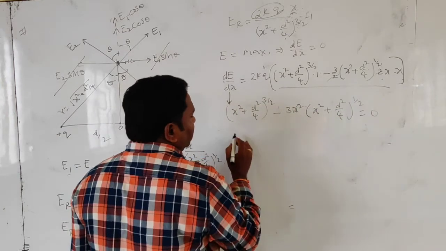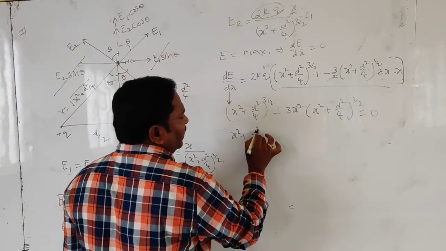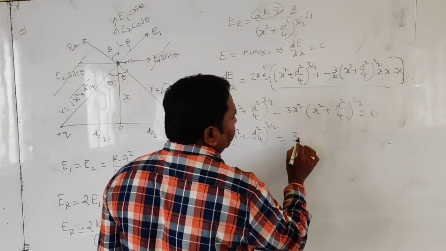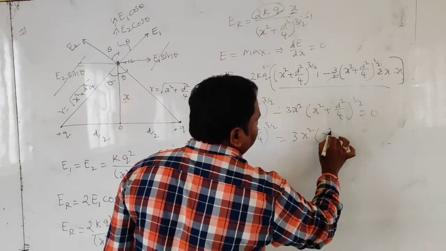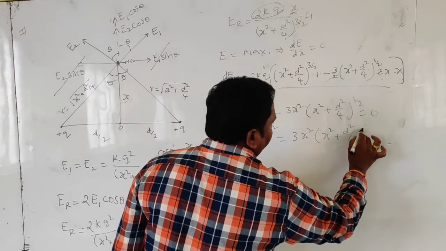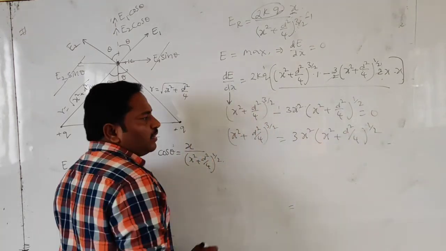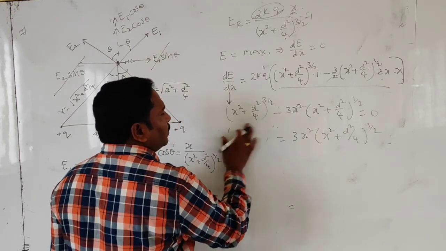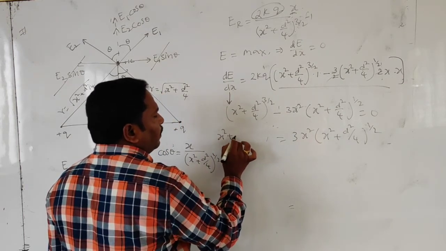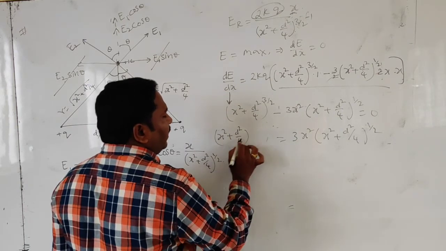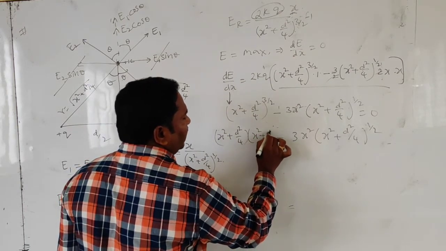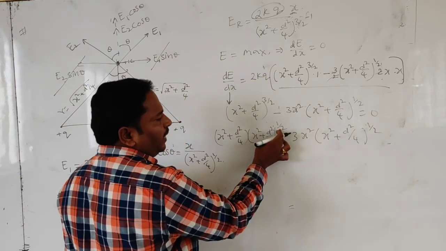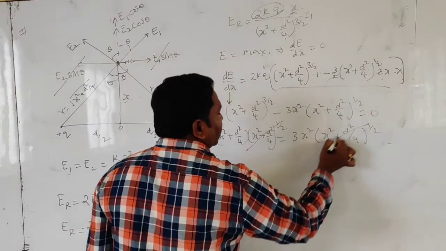Bring that to the other side: x square plus d square by 4 whole power 3 by 2 equals 3 x square into x square plus d square by 4 whole power 1 by 2. This can be written as x square plus d square by 4 into x square plus d square by 4 whole power 1 by 2. So 1 by 2 and 3 by 2, this cancels.